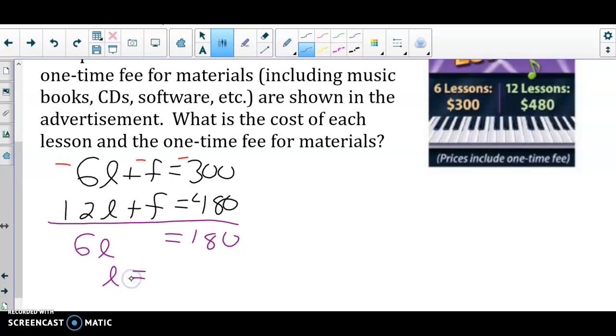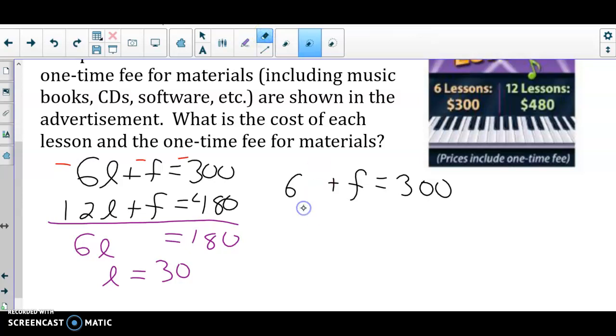So my lessons are going to run me $30 a piece. Not too bad. And now let's see what I can do about solving for my one-time fee. Let's see what I can do about substituting in. I'll use that top equation, 6L plus F equals 300. Except that it's not L anymore because we already figured out what L was. Let's call it 30 there.